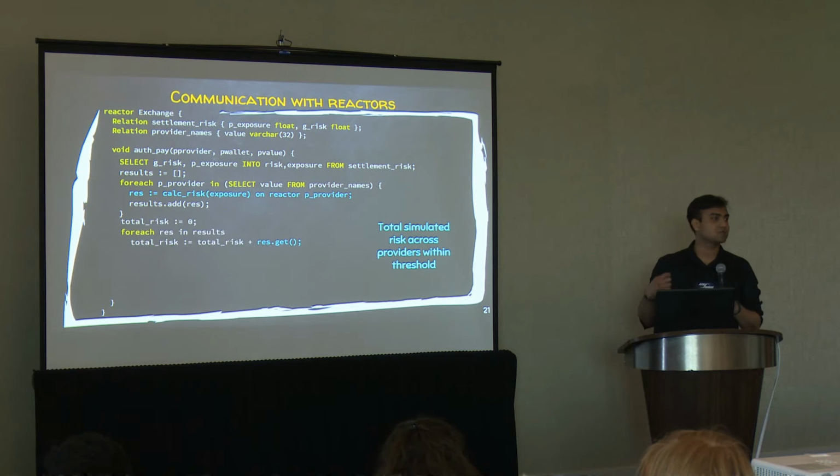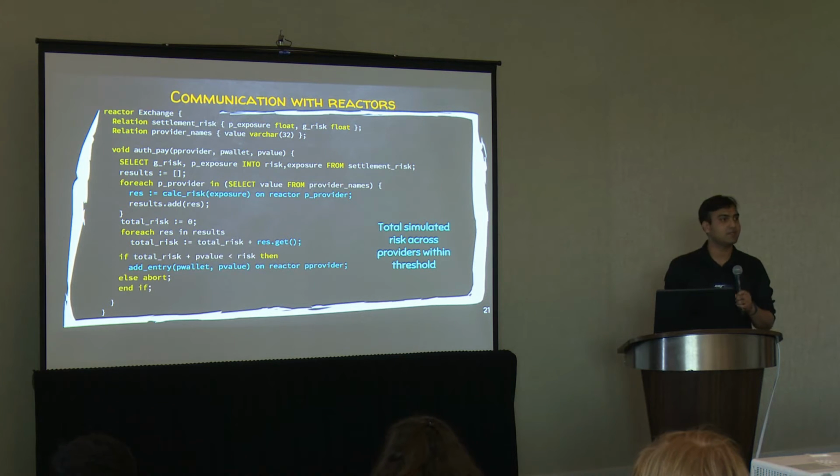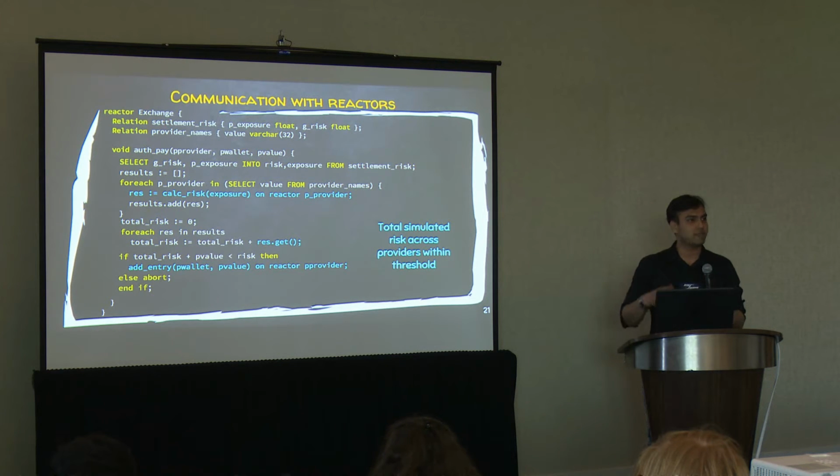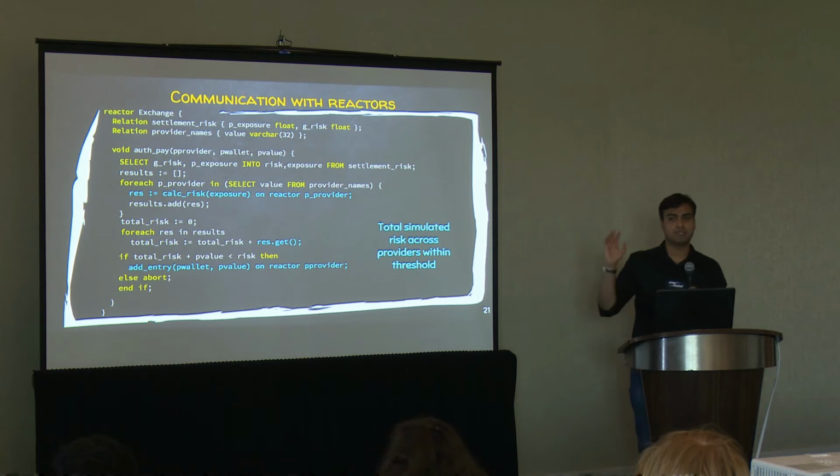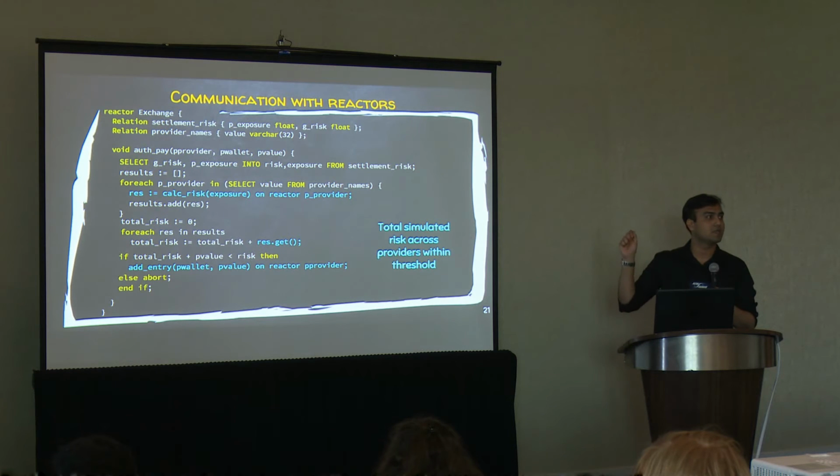Then it synchronizes on the results to compute the total risk. If the total risk is not exceeded, it invokes another function to add that order as accepted. Again, the details of the code are not important, but the basic takeaway is that you can leverage asynchronicity using asynchronous function calls, overlap them, and then synchronize depending on the needs of your application.